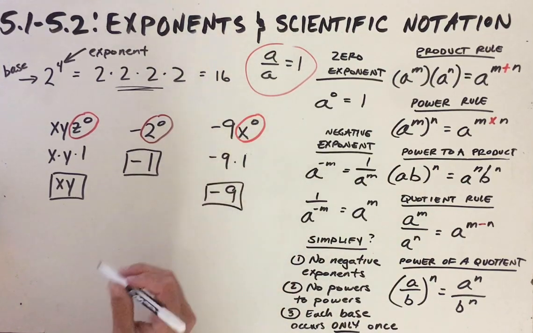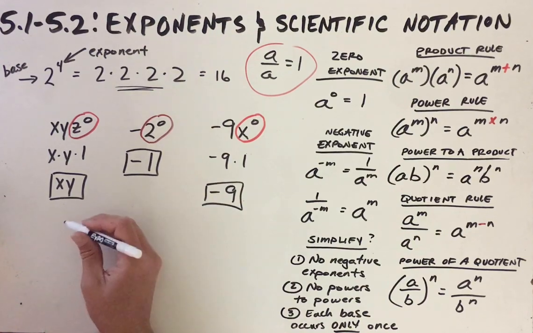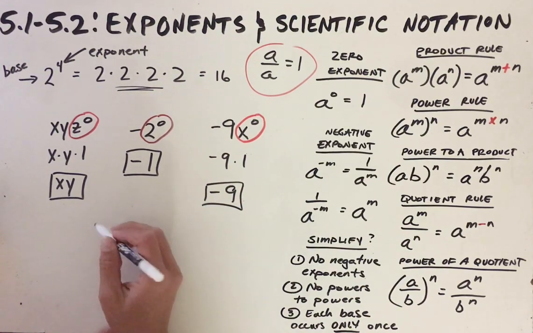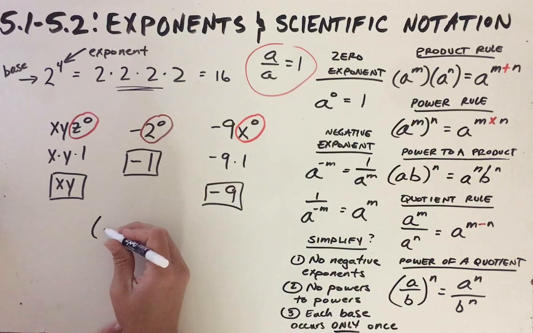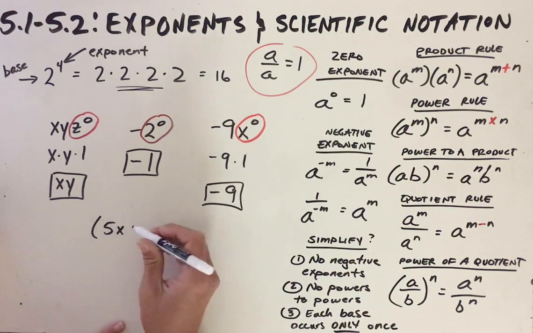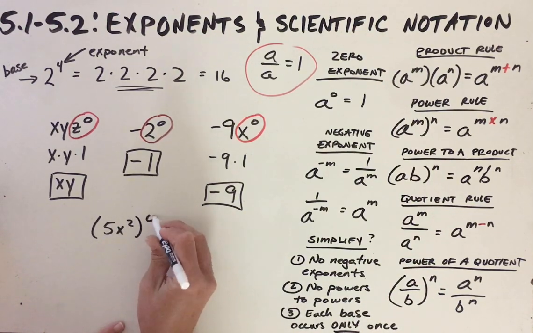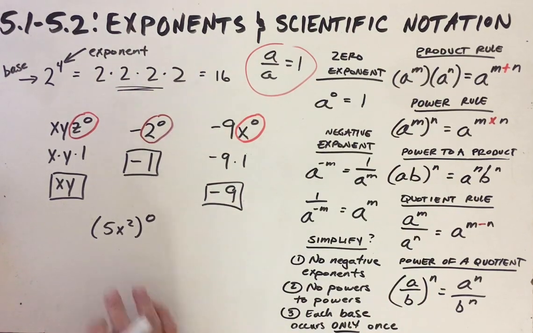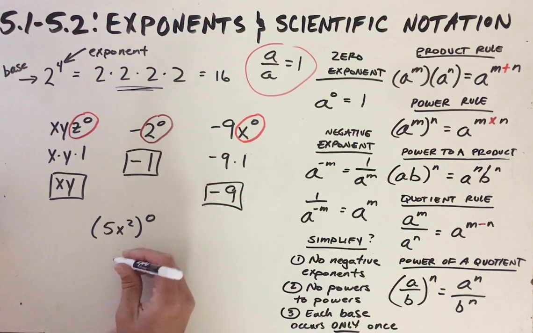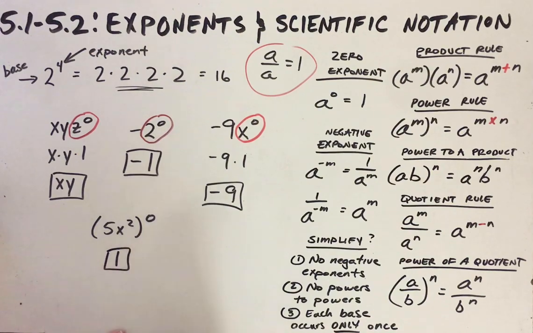Now, how would this be different if we had parentheses here? Say we have 5x squared, and this is to the 0 power. Well, if this whole thing is to the 0 power, this is just going to be 1.